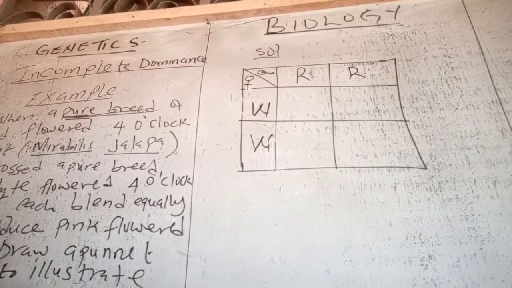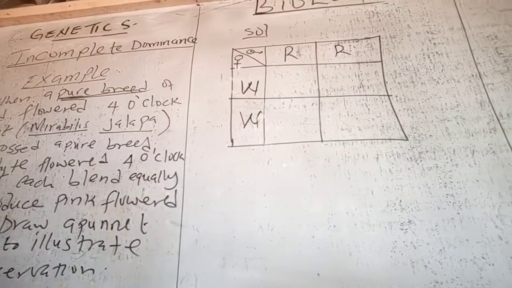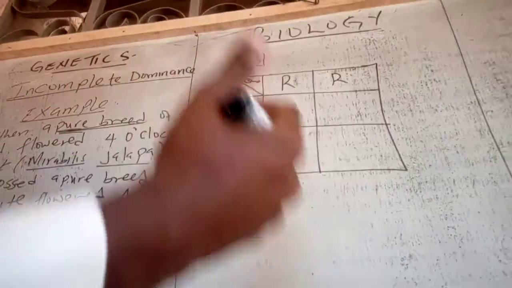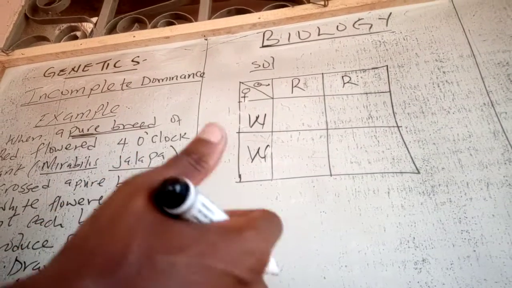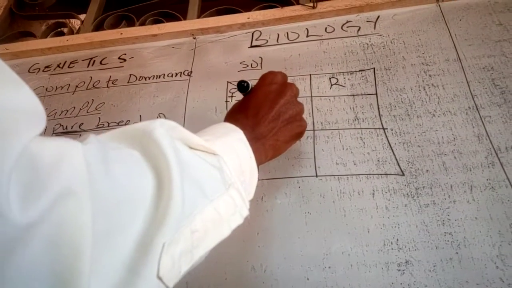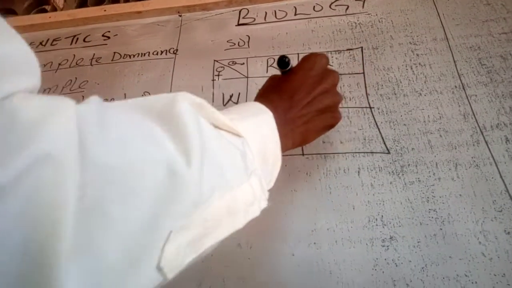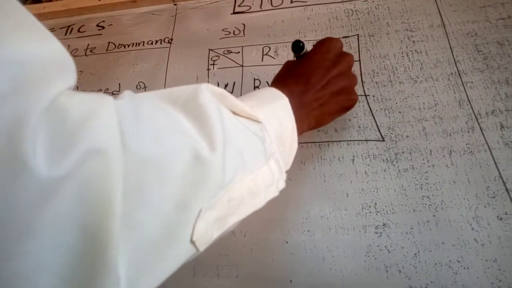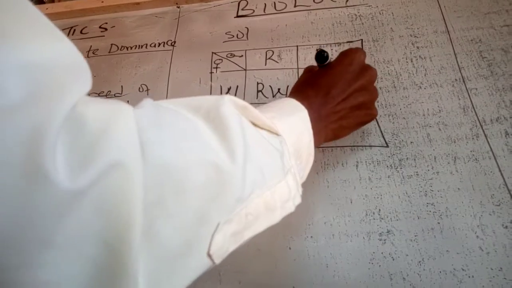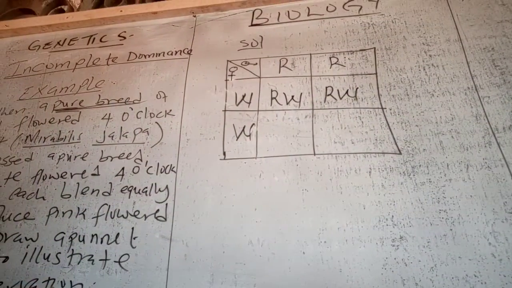During fertilization, there was random fusion, such that the gamete from the red flowered plant fused with the gamete from the white flowered plant, and therefore we have RW there. This R will fuse with W to form an offspring with that genotype.